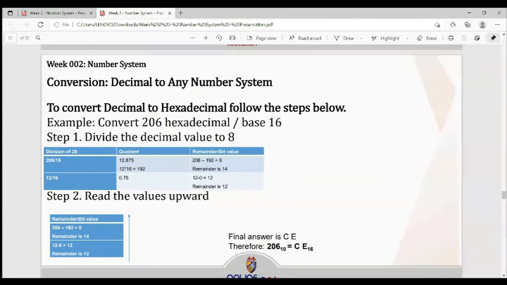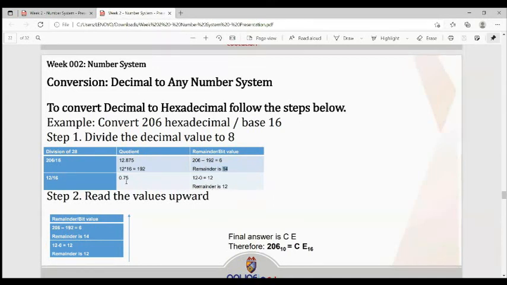Ayan. So kung hindi nyo masundan ito, meron naman tayong ibang process. Ang ginagawa ko kasi yung point mismo ang kinukuha ko para makuha ko yung remainder, para hindi na ako mag-subtract dito. So ang gagawin nyo, for example, 206 divided by 16, the answer is 12.875. Ngayon si 0.875, i-multiply ko ngayon sa 16 para makakuha ako ng value na 14.